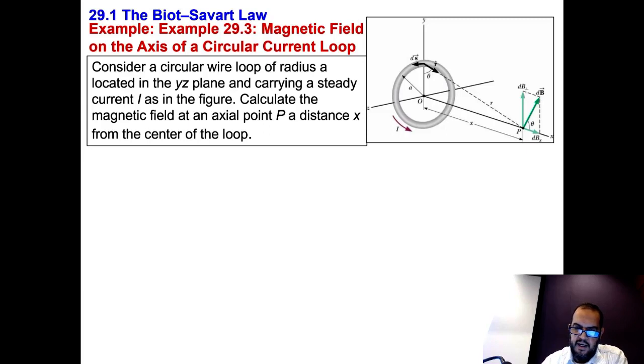So we're going to determine it at point P. Let's take an element ds as shown here in the figure. The r is the distance between the element ds and point P. The unit vector r is as shown. It has a magnitude of 1. Notice that the angle between the r vector and the y-axis is theta.